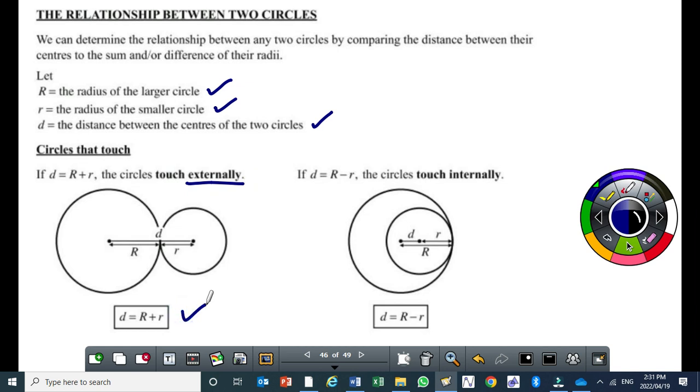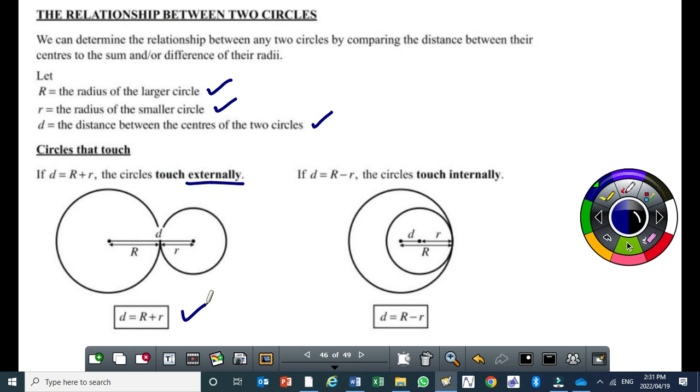Now a question like this, in most cases, will come more like a proof. They'll give you the equations of the two circles, then say prove that the two circles touch externally. So remember, you need to find the length of the two radii and determine the distance between the two centers.